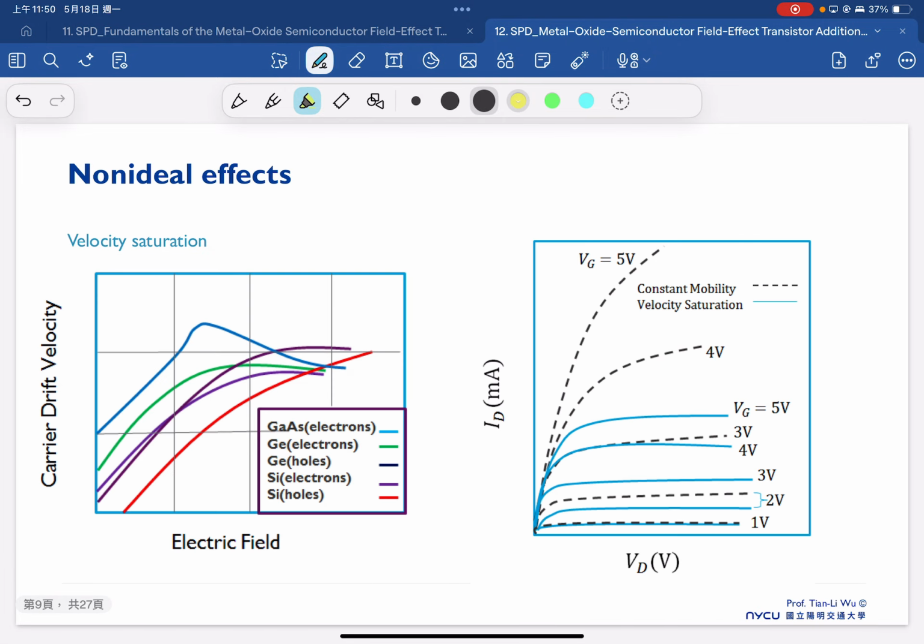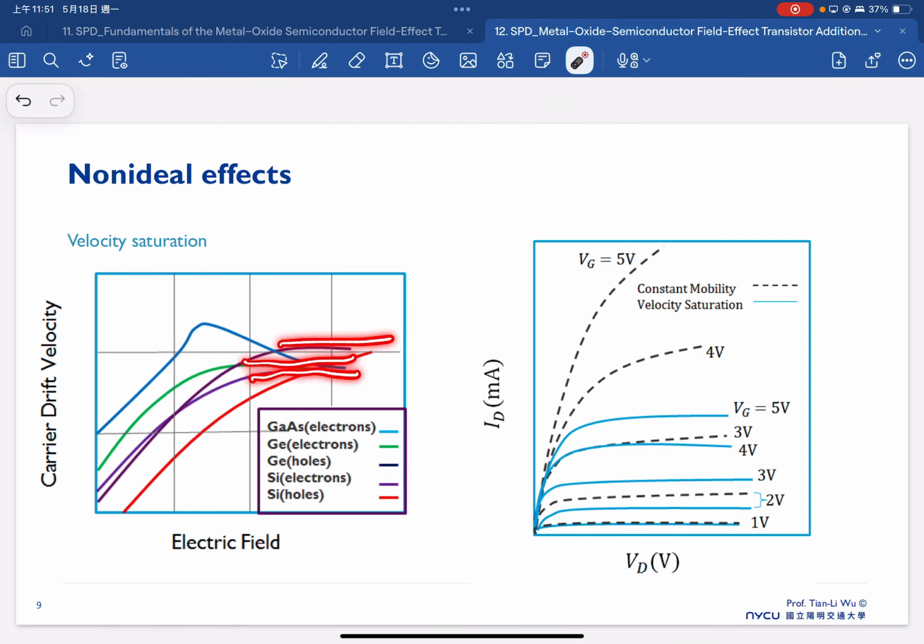So here's some more experimental results. You can see on the left hand side you have different materials, velocity versus electric field, and in the end they all reach a certain saturation. That will cause the current to not continuously increase as we increase the drain bias.